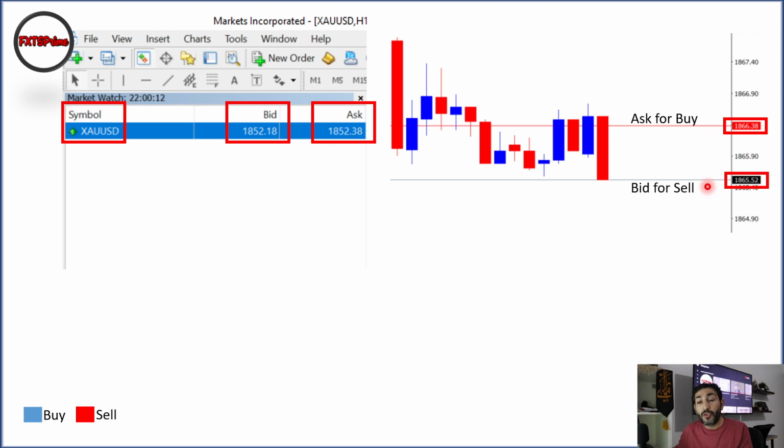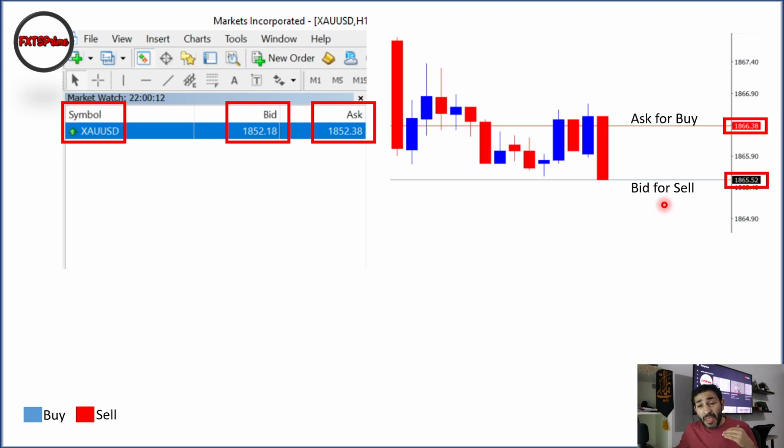However, the bid price will be triggered only for the sell, when you open a sell trade. If you open a sell trade from the same area, you will be opening it at 1865.52, and this is the area for the sell trade.